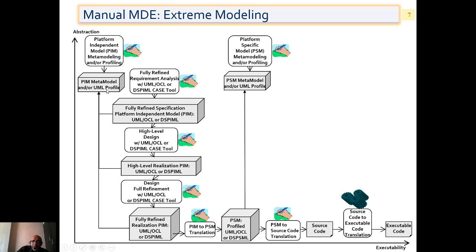You create the PIM meta model, considering the diagrams that you have drawn, and then with the help of a high level design with UML, OCL or case tools, any of your choice, then you create the design model, then use OCL concepts to tag to PIM to PSM translation. Once that is done, then you do the profiling and then can have PSM to source code translation. Source code is there, to the executable you can map it.